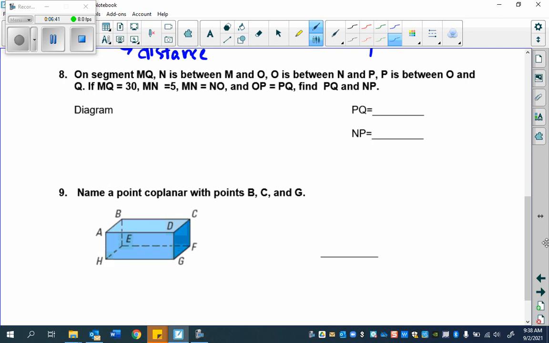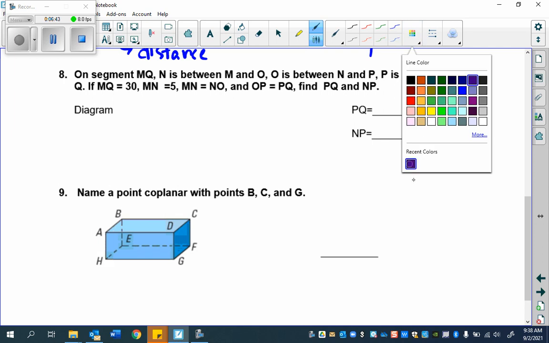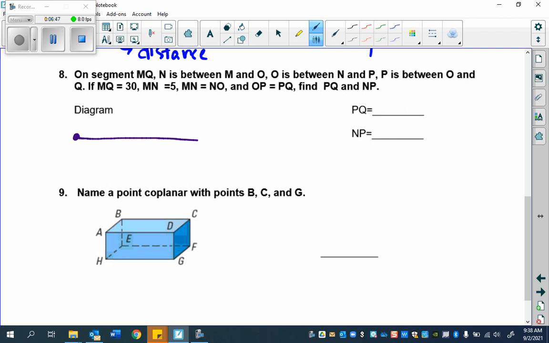All right, let's take a look at 8. On segment MQ, so we'll go ahead and draw segment MQ. Here's M, and we'll make this Q. Let's go ahead and build what this segment says. N is between M and O. O is between N and P, and P is between, wow, let's go ahead and take this one step at a time.